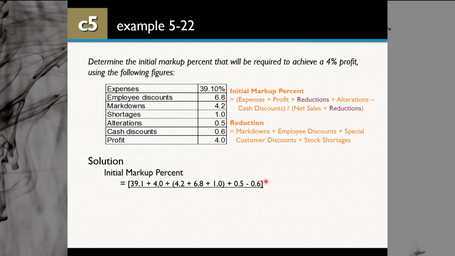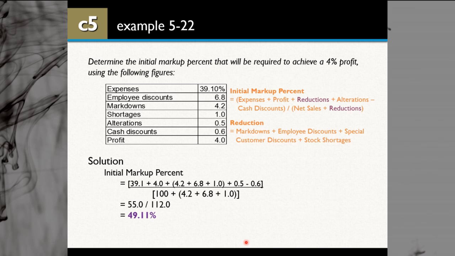Plus reduction is the same as here, 4.2 plus 6.8 plus 1. So if you calculate this, this one will be 112. So you calculate the top part and divide it by the 112, then you can get 49.11 as your initial markup percent.